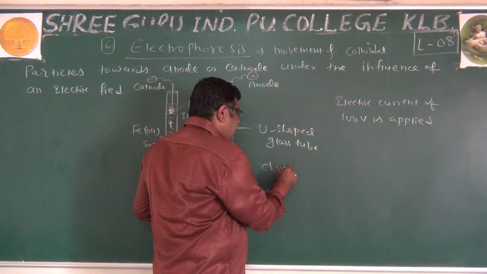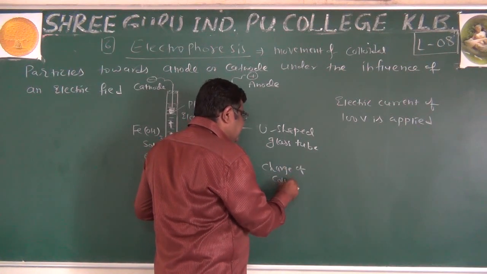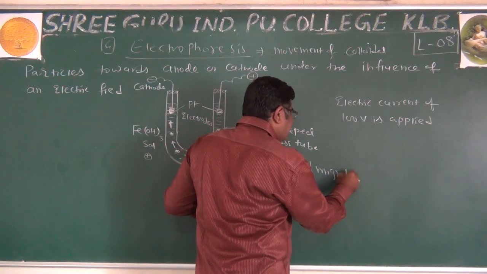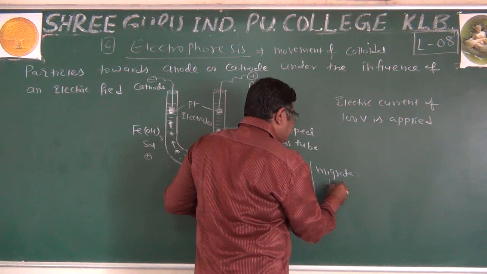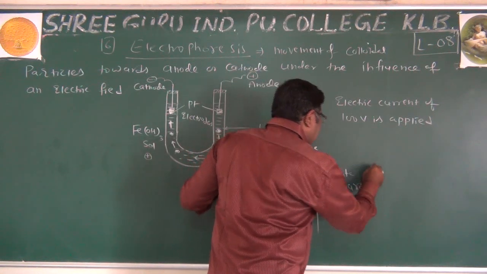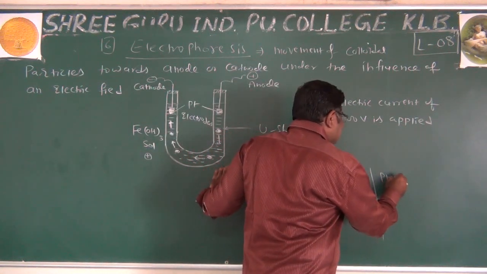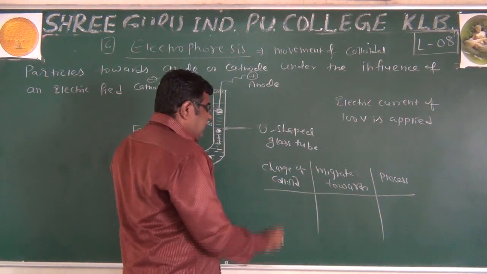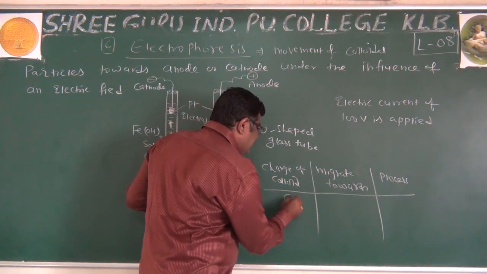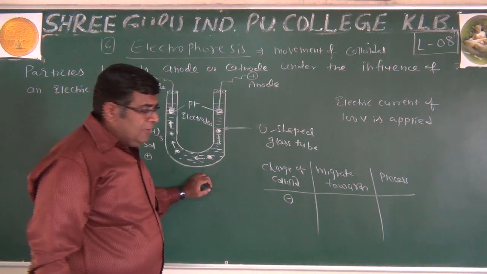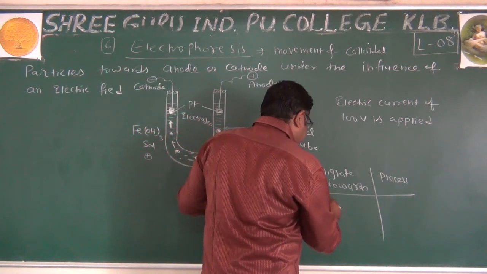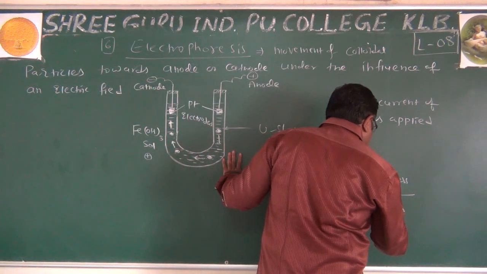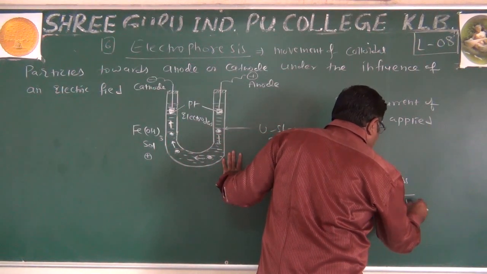If charge on colloid is negative, it will migrate towards anode, and the process is called anaphoresis.